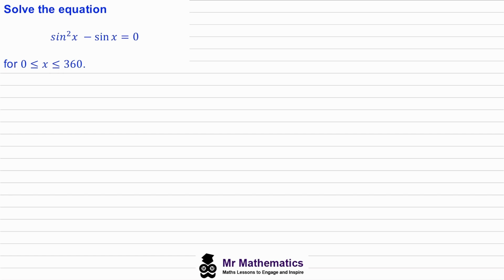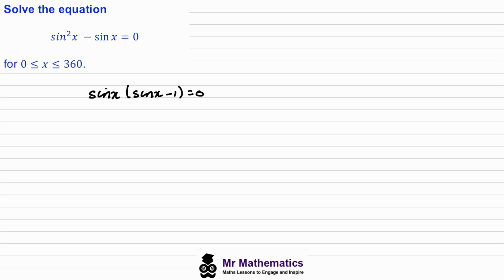So because we have a sine squared x term and a sine x term, we can treat this like a quadratic. We can factor out the sine x and then we'll multiply this by sine x minus 1.